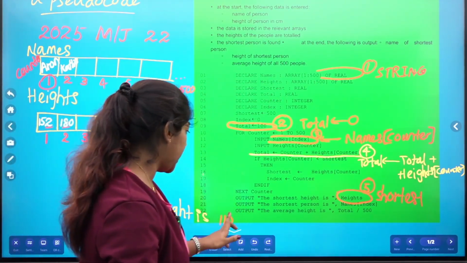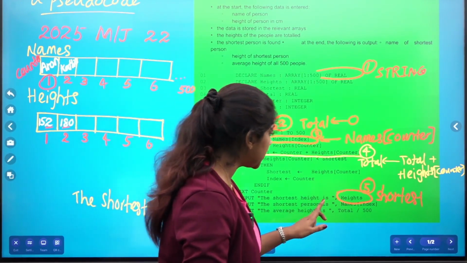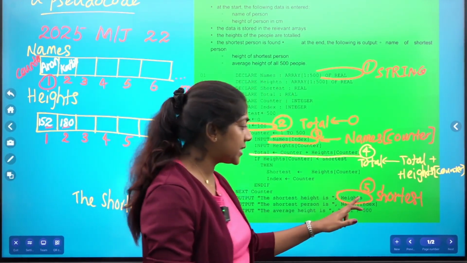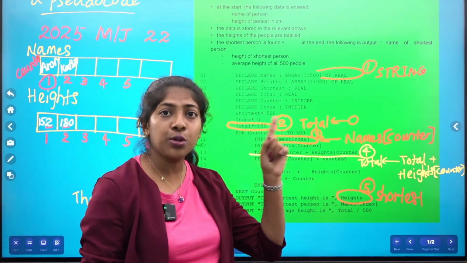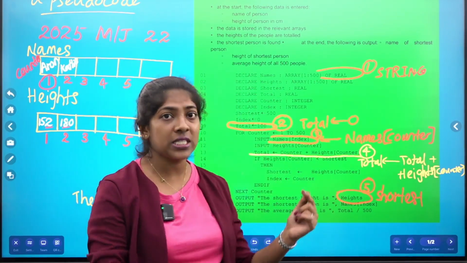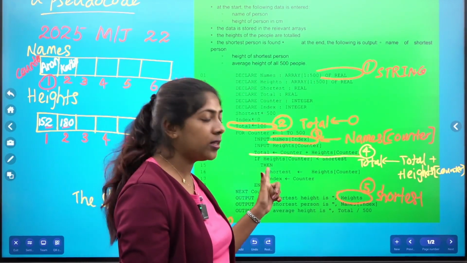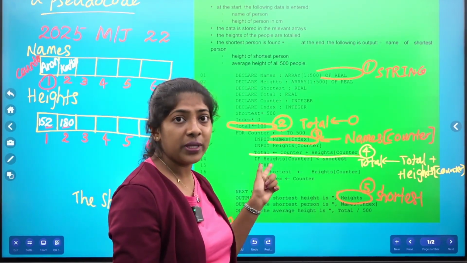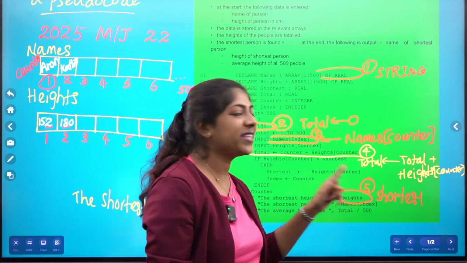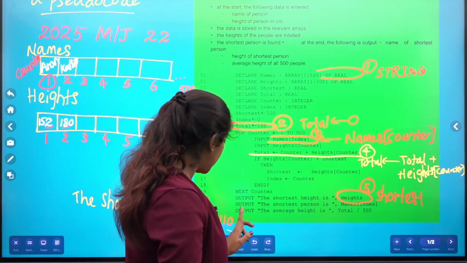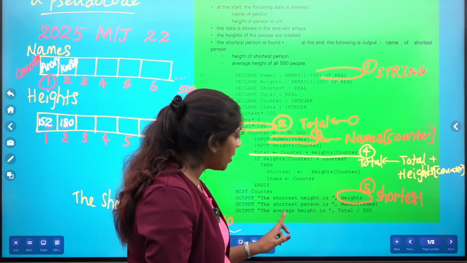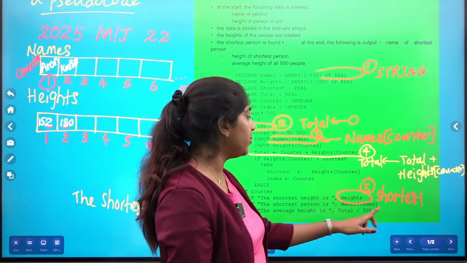21st line. Output the shortest person is names index. That one is correct, right? Why? Can you remember? We stored the shortest person's counter value in the variable index. Now we are going to display that. That's easy. Last line. Output the average height is total divided by 500.